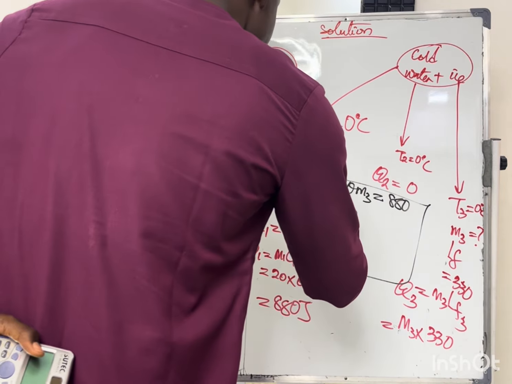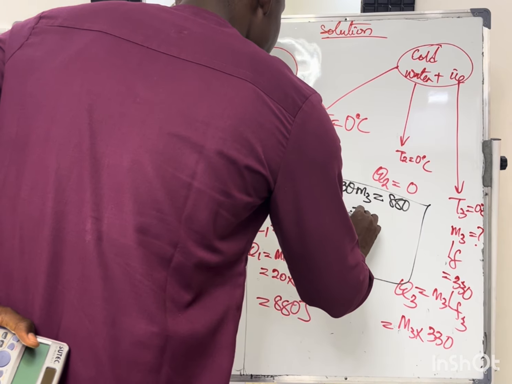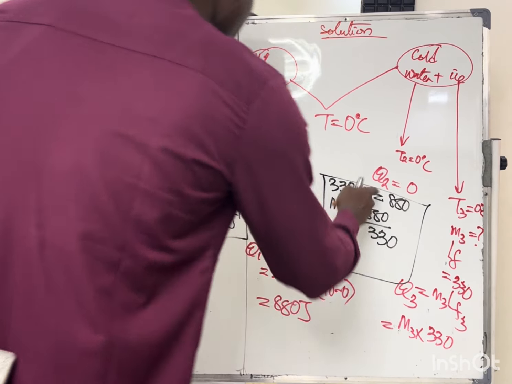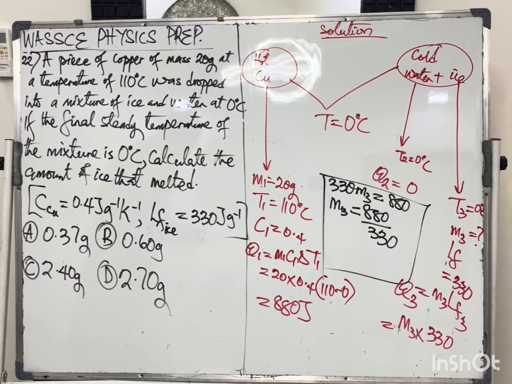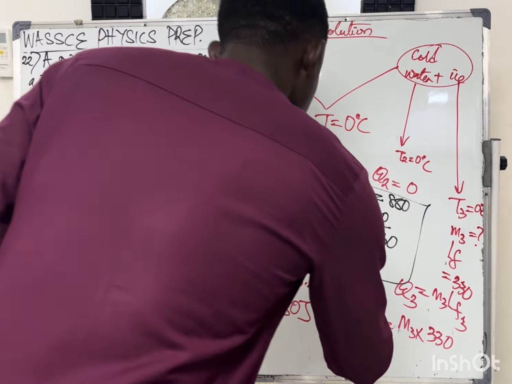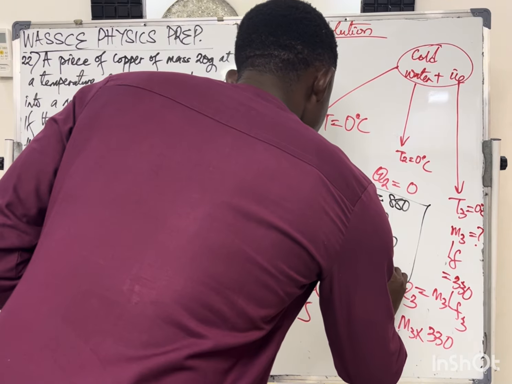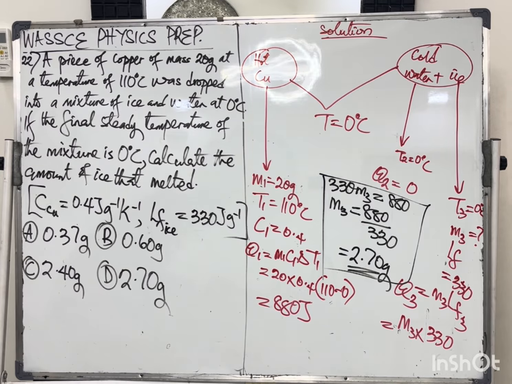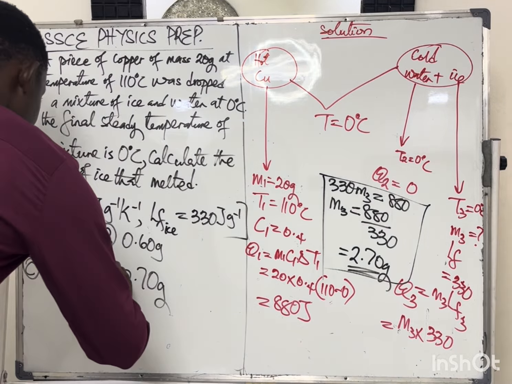So M3 will be equal to 880 divided by 330. This is because the total amount of heat lost by the hot copper is equal to that gained by the cold body. So if we work this out, we get 2.70 grams as our final answer. And that leaves us with option D as our final answer.